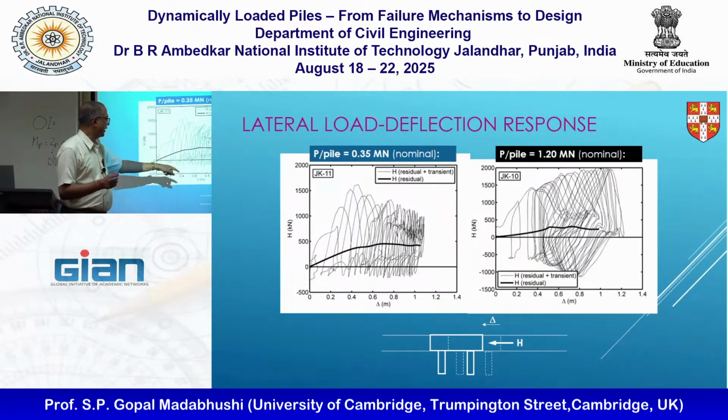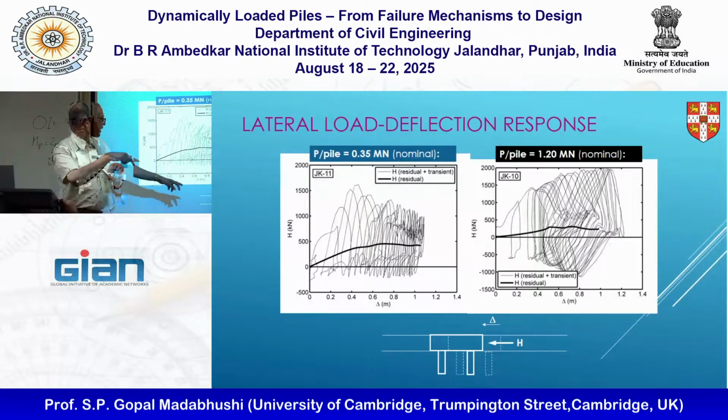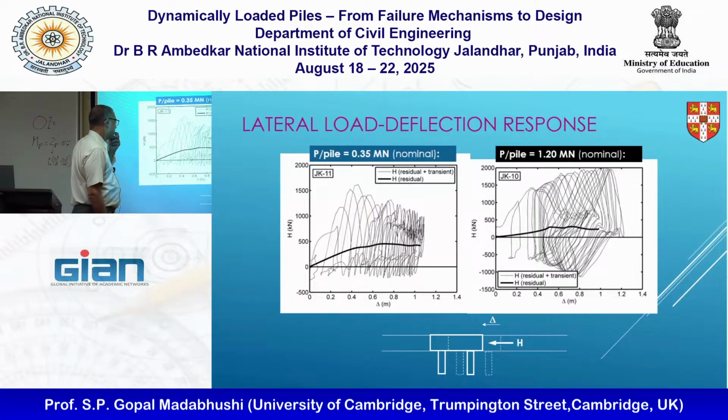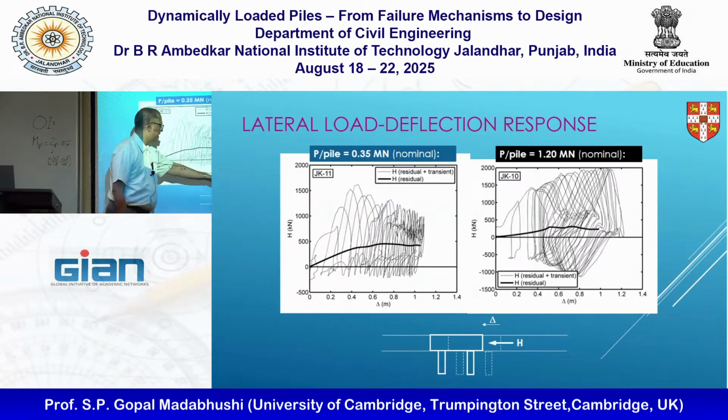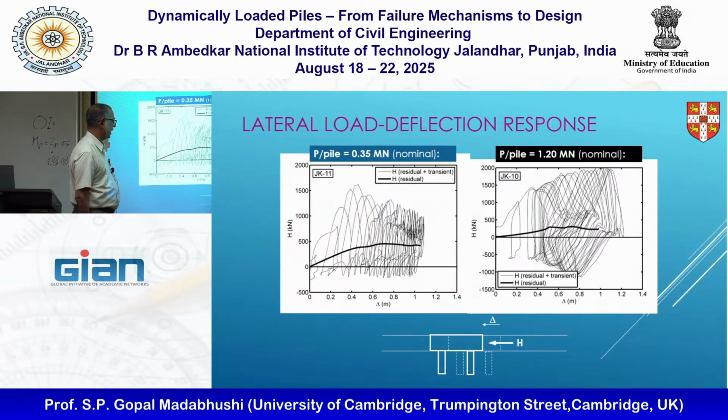So you're plotting one against the other. There are 4 piles. And delta is how much the deflection is happening. So at the beginning, horizontal load is 0 and deflection is 0.